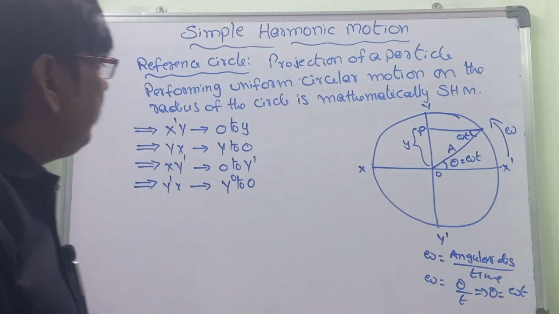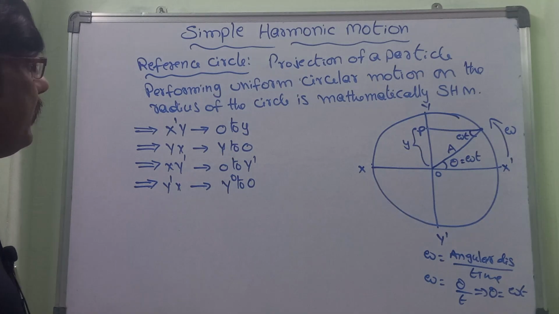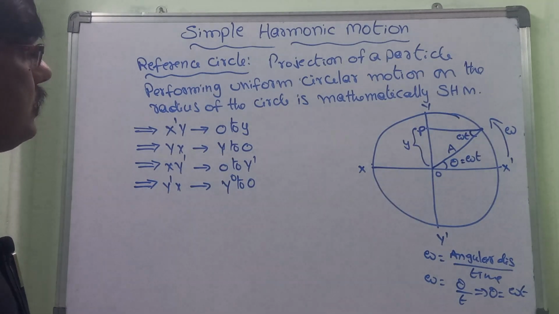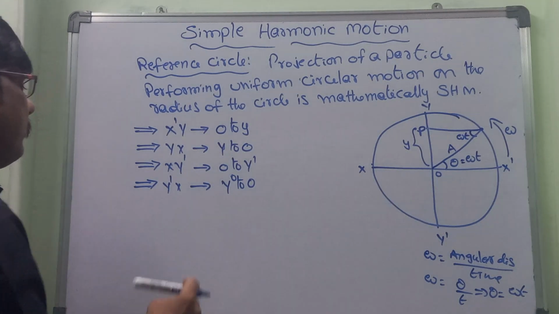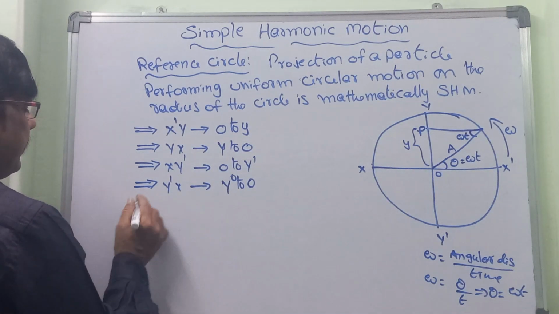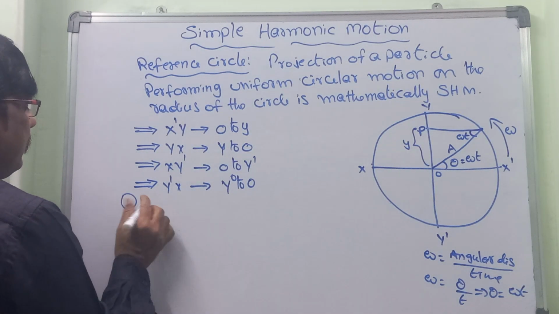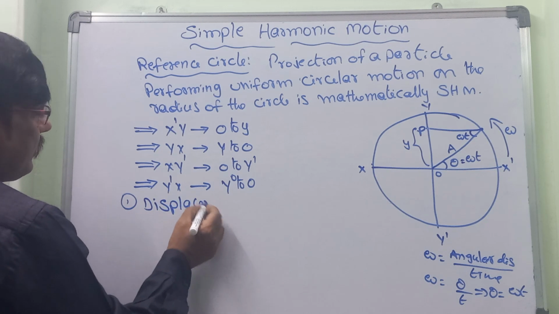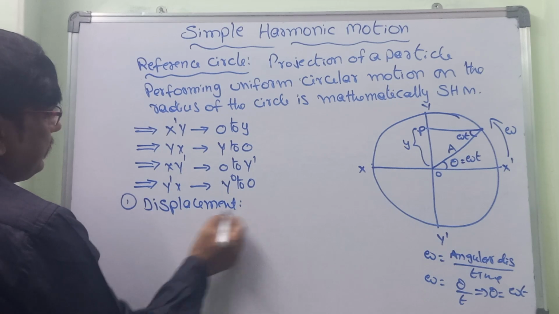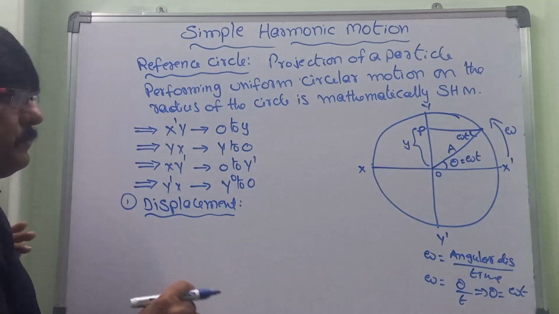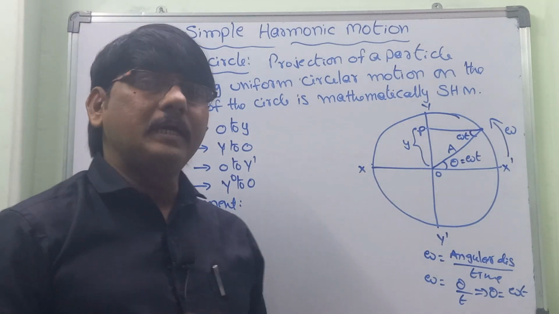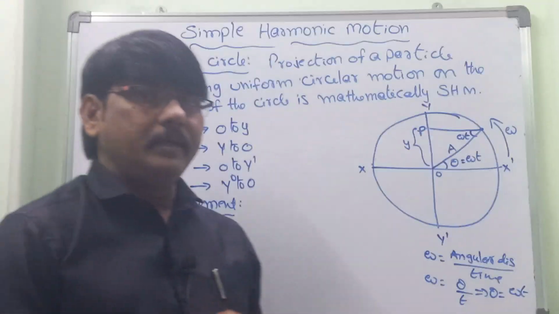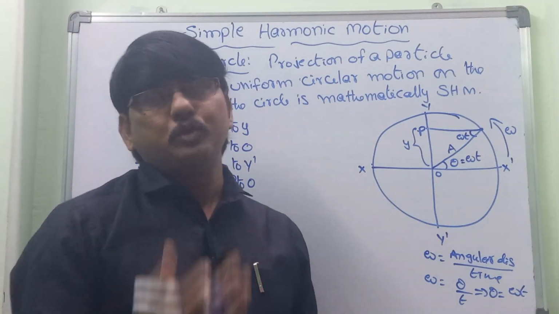Now let us see the properties of simple harmonic motion. The first one, let us take the displacement. What is meant by displacement? Displacement is the total path covered by a particle in SHM from its mean position.